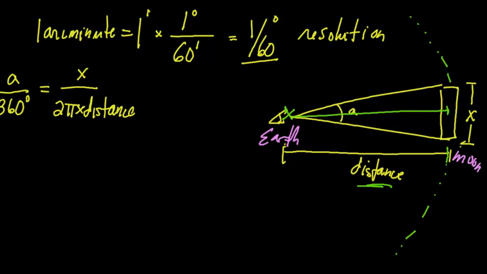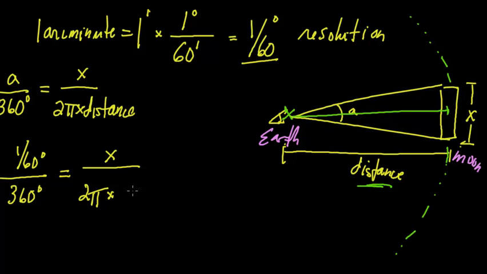So the angular size is 1/60th of a degree. Compared to 360 degrees, that's equal to the actual size, which is what we're looking for, over 2 pi times the distance to the moon, which is about 384,000 kilometers.